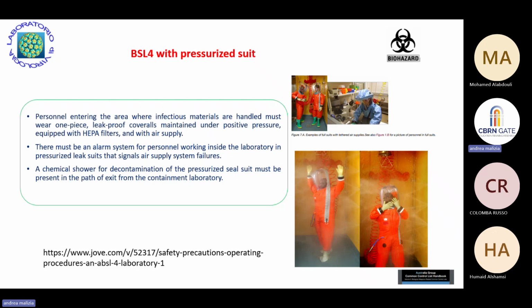Because after the chemical shower, you rinse with water, and this suit exits from BSL4, and it's very important. It's a strong chemical shower, and this is a web page that describes the operation of BSL4 dressing with the pressurized suit.